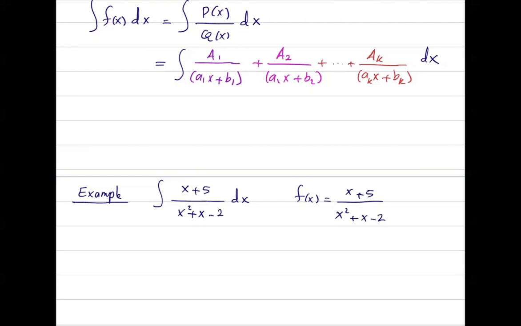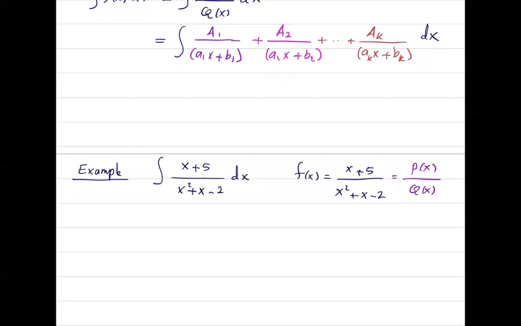The degree of the denominator is 2, which is the highest power in your polynomial.